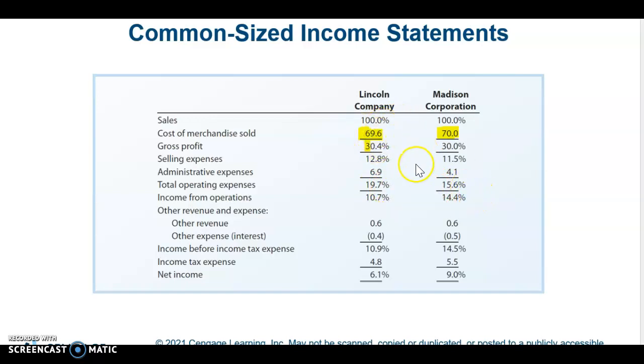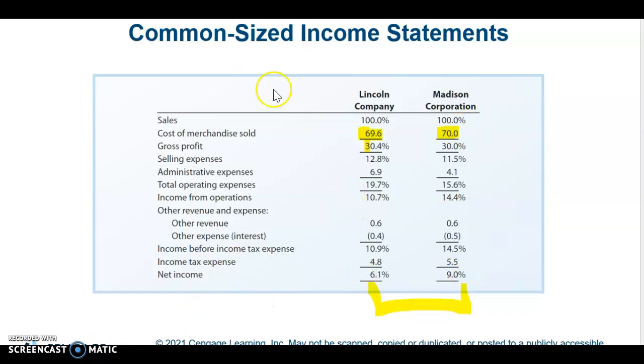It may be the sales price. Maybe they're selling it for more, so the percentage of expenses is less when compared to the total sales. You can see, though, that on the bottom line, Madison Corporation's net income percentage of total sales is a little bit higher, but for the most part, they're pretty close.